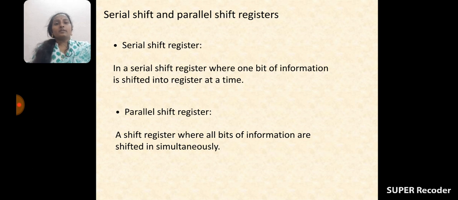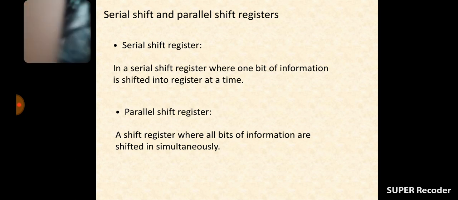But in parallel shift register, at a time all bits must be shifted from left to right or right to left. But in the case of shift left register, for example if it consists of 4 bits, only one bit must be shifted first. After the first bit, the second, third, and fourth bits are shifted. So this is about shift left register and shift right register.